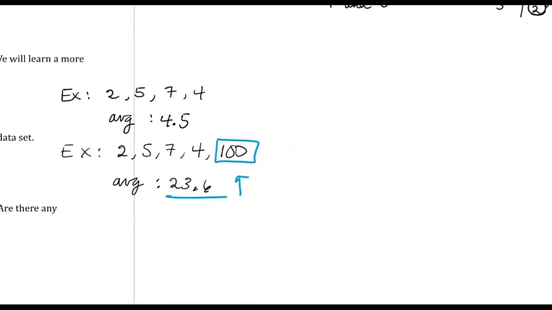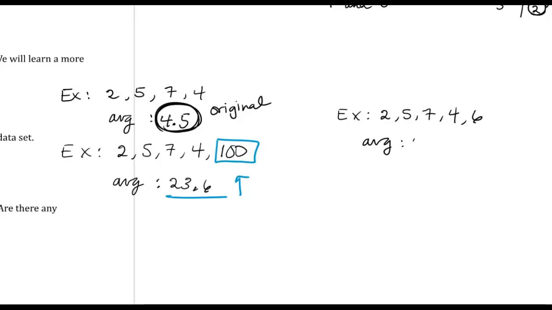But let's see what would have happened if, between 2, 5, 7, and 4, I would have just added in 6. How far from the original average would we have gone? You don't have to write all this down, I'm just proving a point here. The average of 2, 7, 5, 4, and 6 is 4.8. That's not that far at all. 4.8 and 4.5 are pretty close.